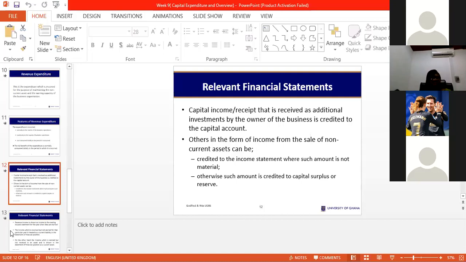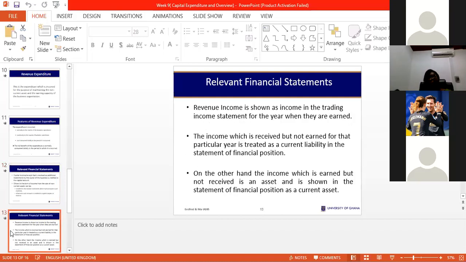Madam, which ledger would the capital account be? Is it a private or? Capital account, if it's an individual, is a personal account.